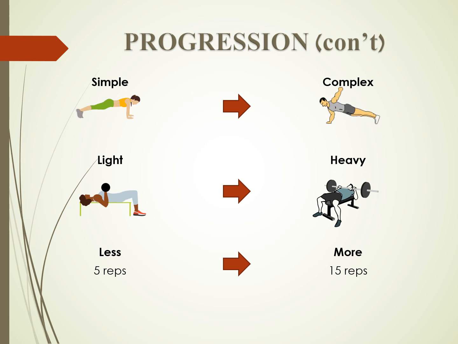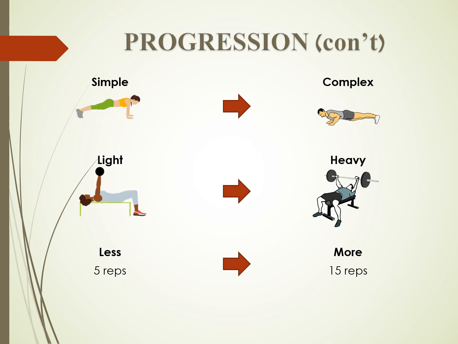So as you can see at this slide, for progression, this one can be considered as a simple push up. Means that you are performing a normal push up, and then after we progress to the complex push up, you do a push up and alternating by raising up your hand.